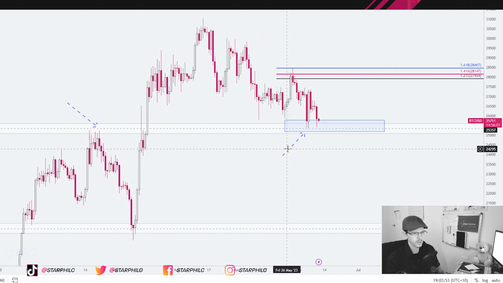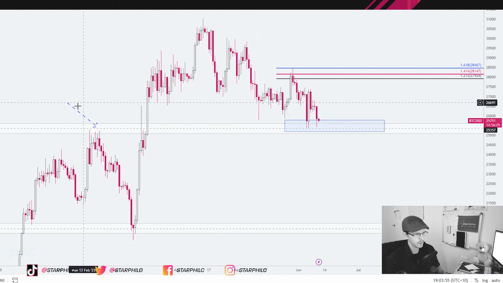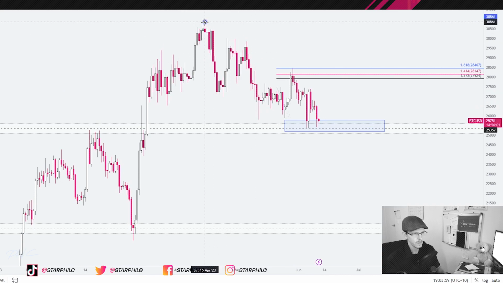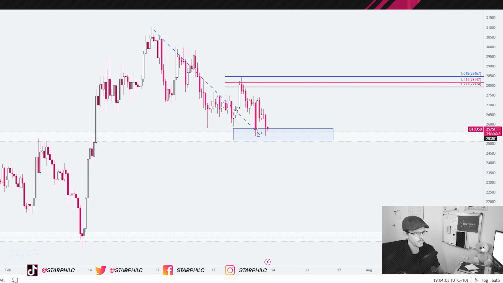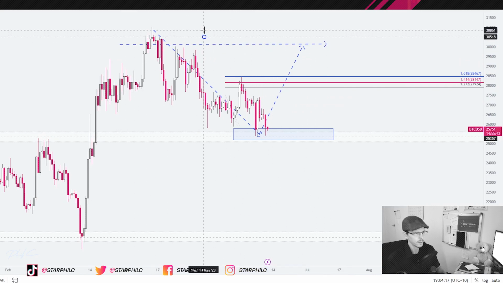So if price action comes all the way down into our new support level right here, we can expect the market or predict. We don't know where the market's going to go. Again, it's all probabilities, right? We can predict that price action moves towards the upside, which is another level of structure right here.